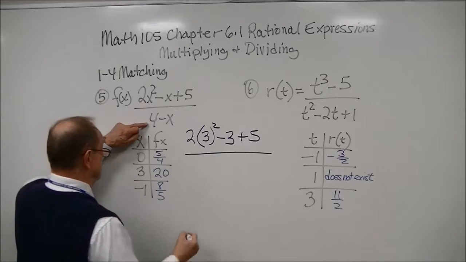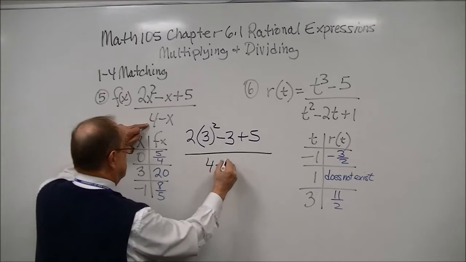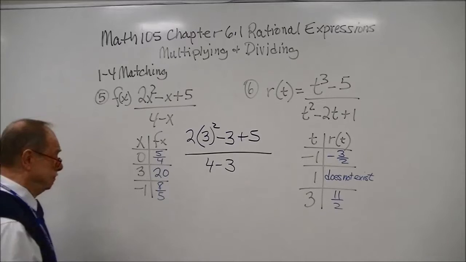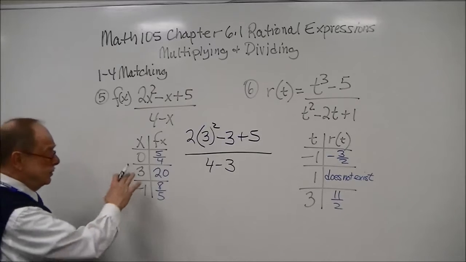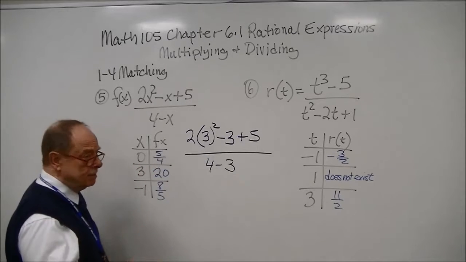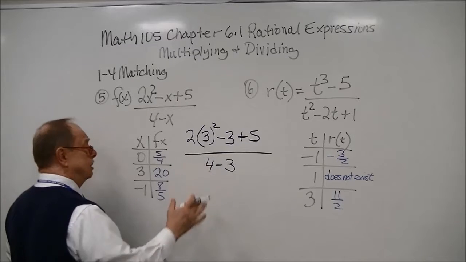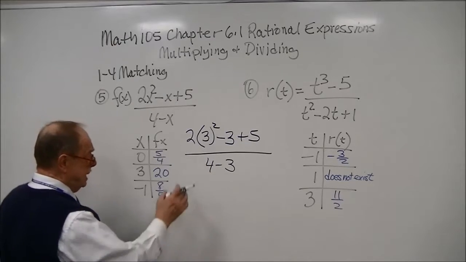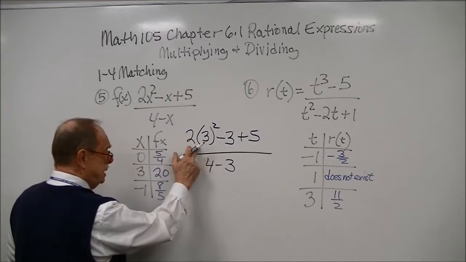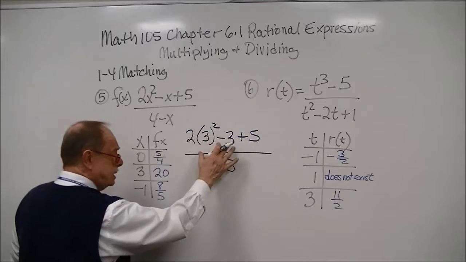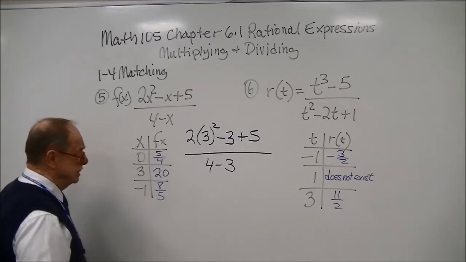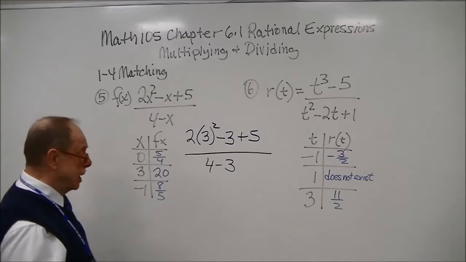And that's going to be over 4 minus 3. So the key to doing any of these, and we've done them pretty much in every chapter where we're asked to substitute, is, again, use the parenthesis, and then carefully watch the signs, and then now order of operations.